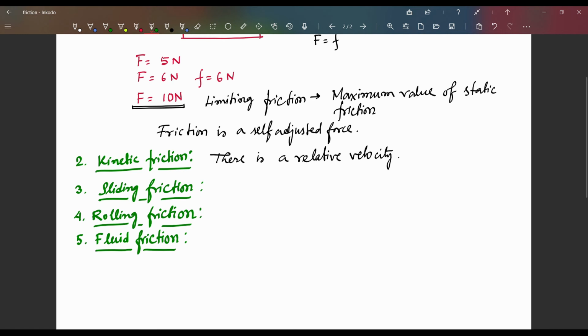Aeroplane, spaceship, boat, or any type of vehicle which moves through fluid has a specific shape to overcome fluid friction. That shape is known as streamline shape.